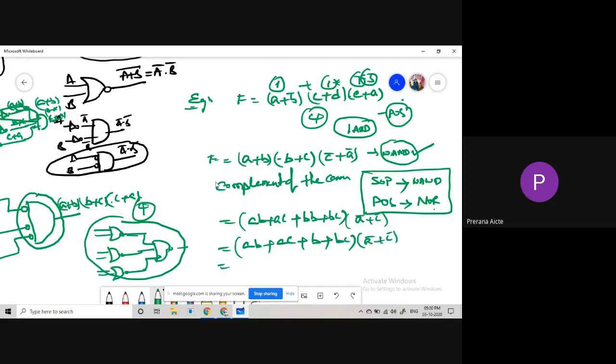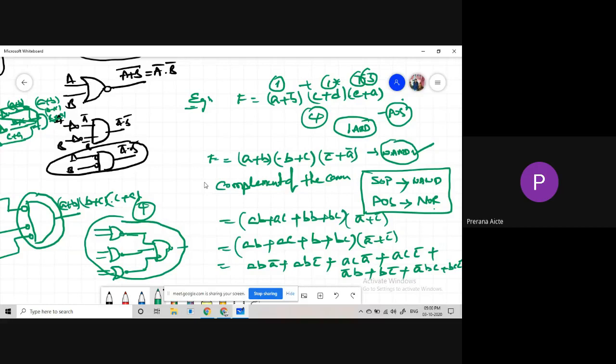So if you multiply: AB A bar plus AB C bar plus AC A bar plus AC C bar plus A bar B plus BC bar plus A bar BC plus BC C bar, right?